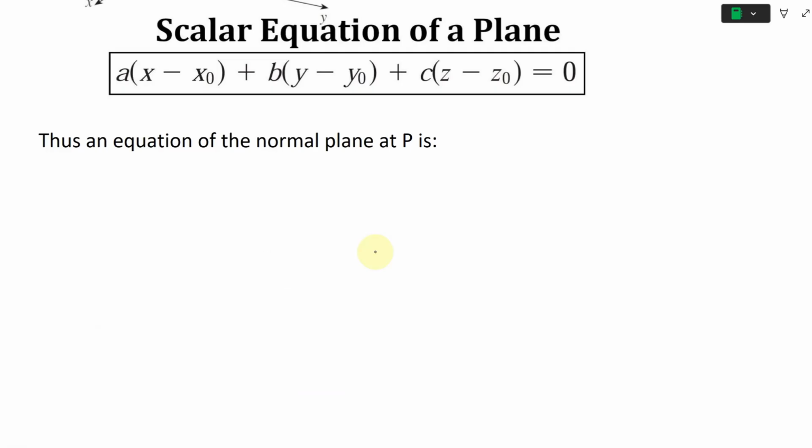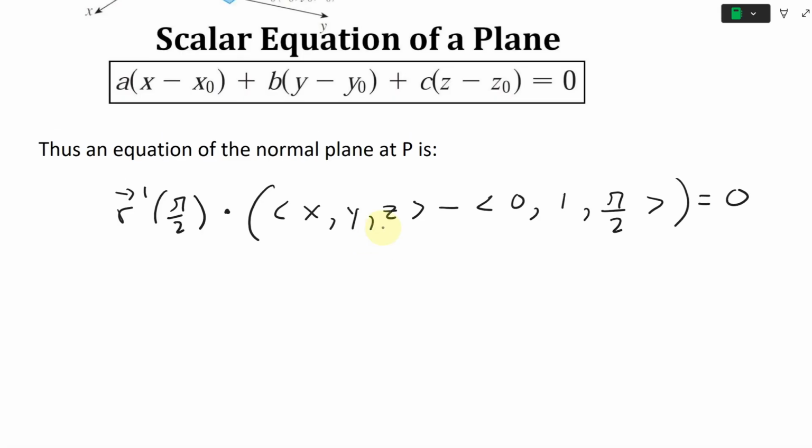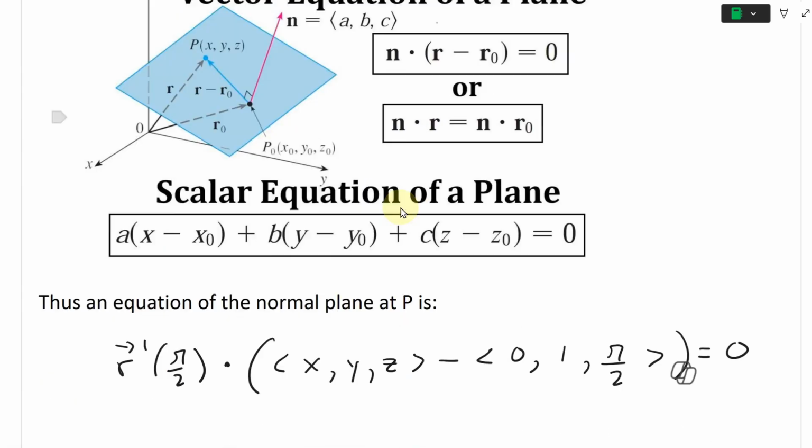So this equals r prime of pi over 2 dot product with a generic point x, y, z on the plane, subtracted by the starting point on the curve, 0, 1, pi over 2. That's our starting point P. And this dot product has to equal 0 because it's 90 degrees.